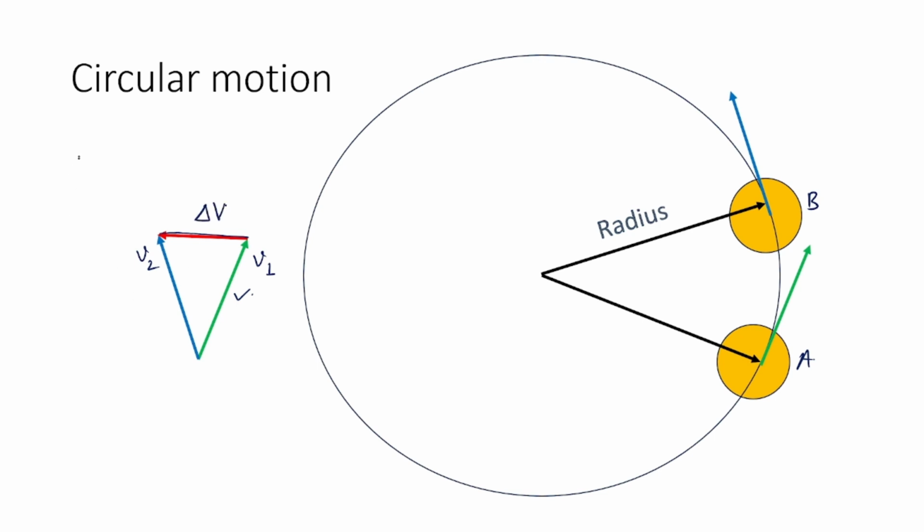So what is delta v? Delta v is v2 minus v1. And as we have seen earlier that this is angle delta theta, this is also going to be angle delta theta.